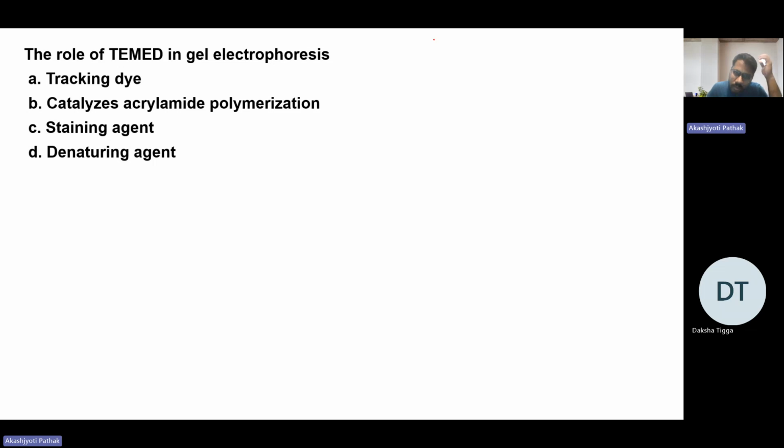Okay. What is the role of TEMED in gel electrophoresis? Quickly answer this question. TEMED acts as a catalyst. It catalyzes the acrylamide polymerization reaction, the free radical reaction with the free radicals provided by the APS.